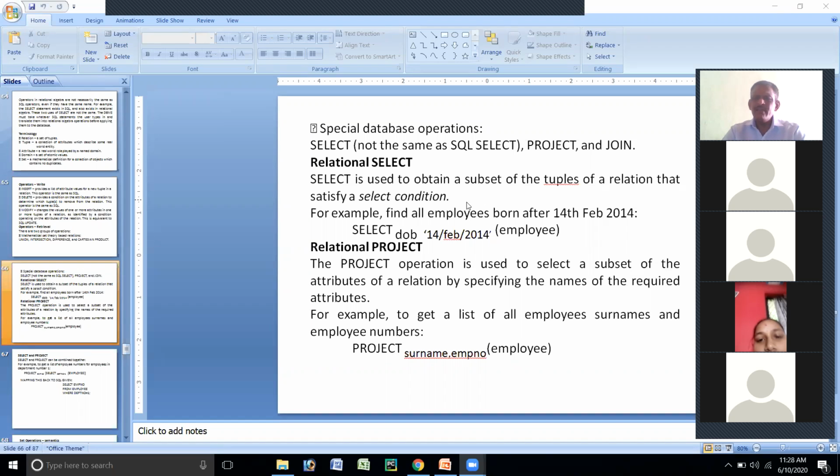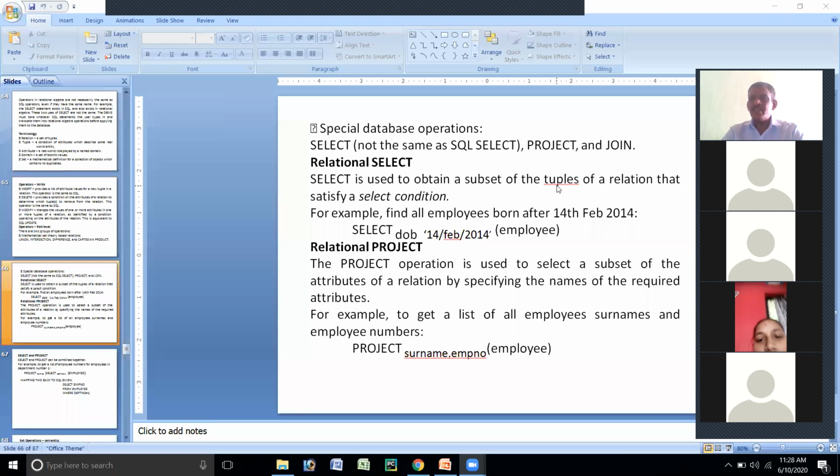From where? From some database table. We have to put the condition. I want to see this information from this table. It means there must be a condition, so that based on that condition you get the information of those database tuples.